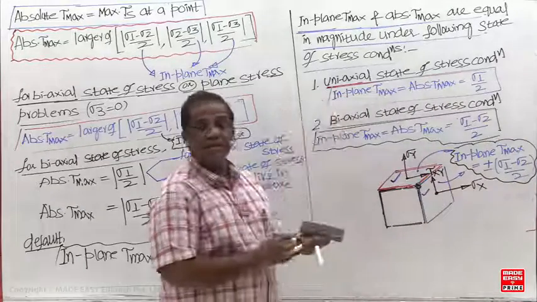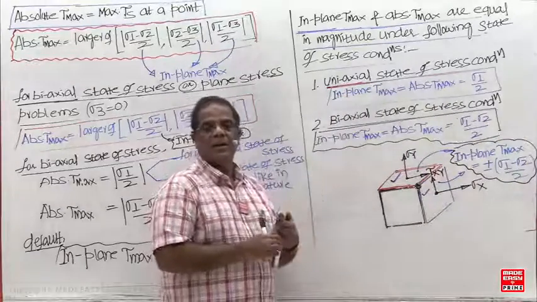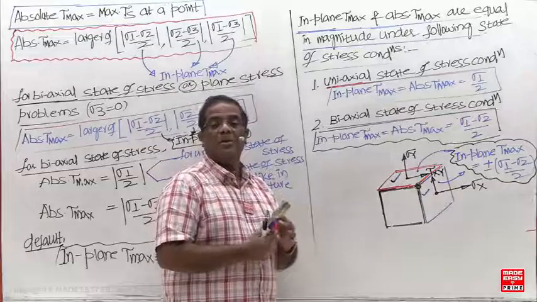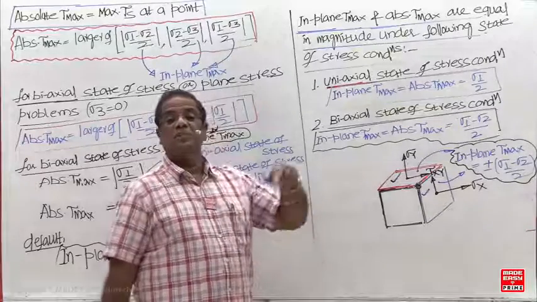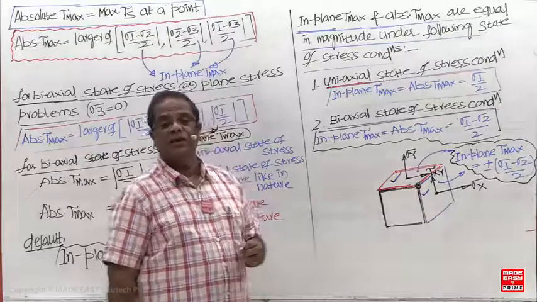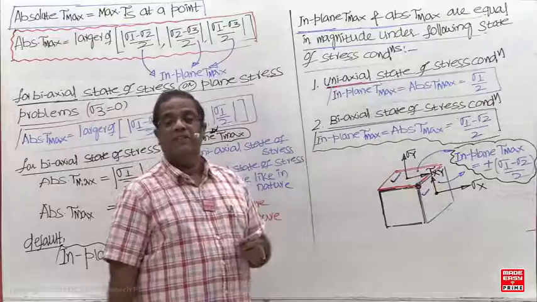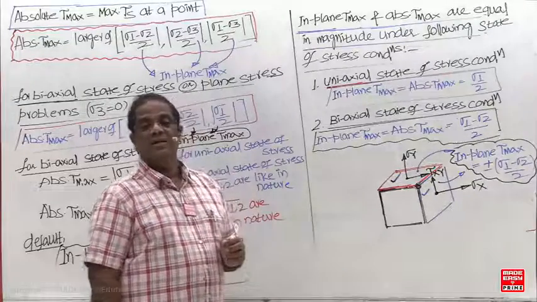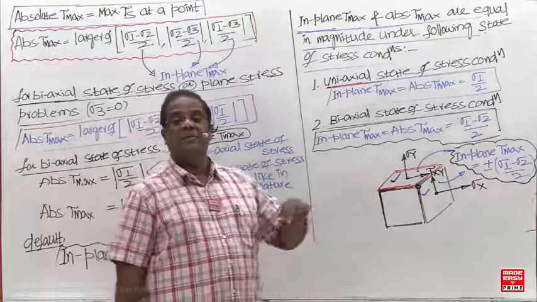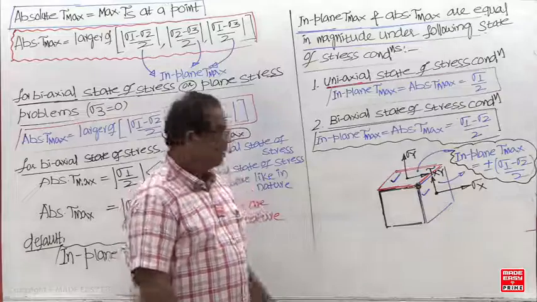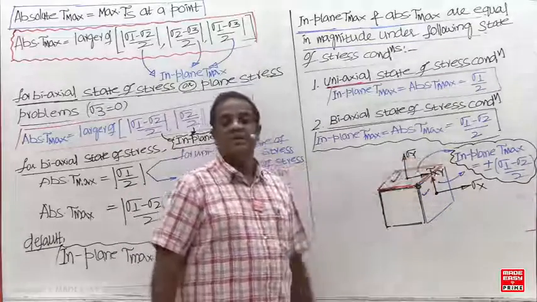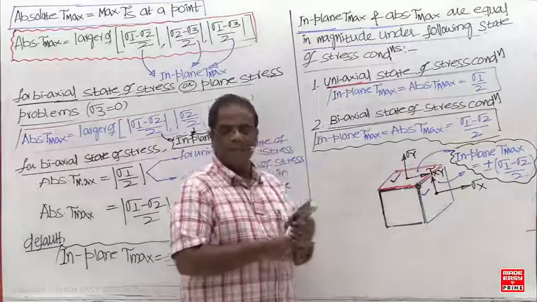If you go for the first method, what I had to do, just now I wrote: in-plane tau max equal to, in Tau's equation you have to substitute either theta 3 or theta 4. Then the equation is minus 1 by 2 sigma x minus sigma y sine 2 theta 3 plus tau xy cos 2 theta. That is the first method. Otherwise you can use the second method, by using the Mohr circle.